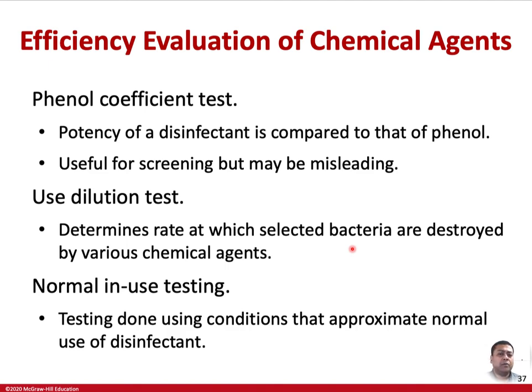The higher the phenol coefficient value, the more effective that particular disinfectant is. If the value is greater than 1, it is actually better than phenol. If the phenol coefficient is 0.5, it is half as effective as phenol. If the phenol coefficient of a disinfectant is 2, that means it is twice as effective as phenol.